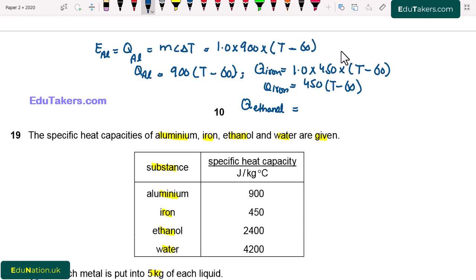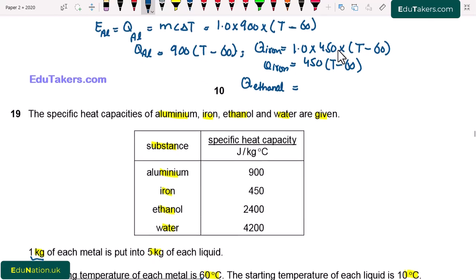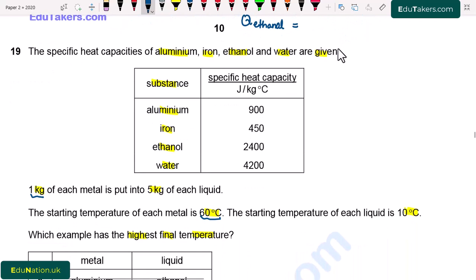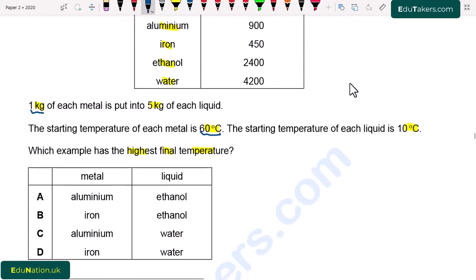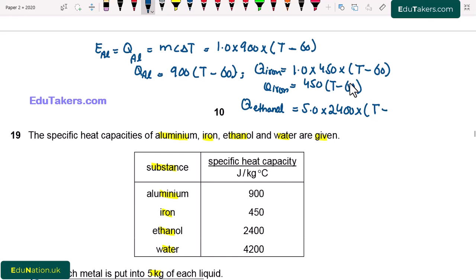Mass of ethanol is 5.0 because it's a liquid. So 5.0 multiplied by specific heat capacity 2400 multiplied by change in temperature T minus 10 degrees C, that is for the liquid. So it will be equal to 12,000(T − 10).